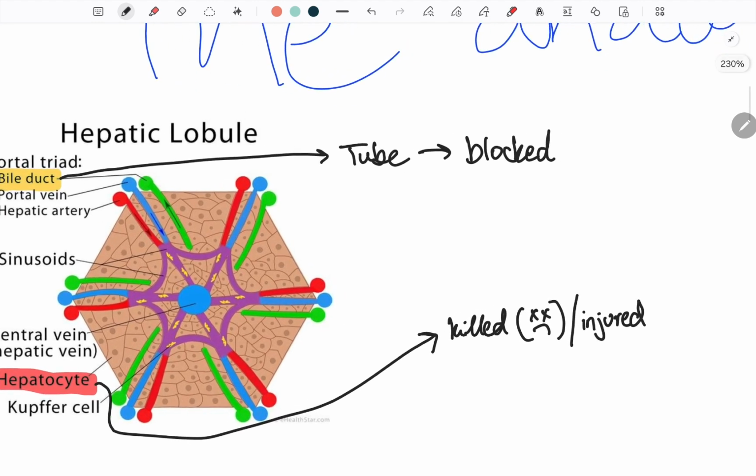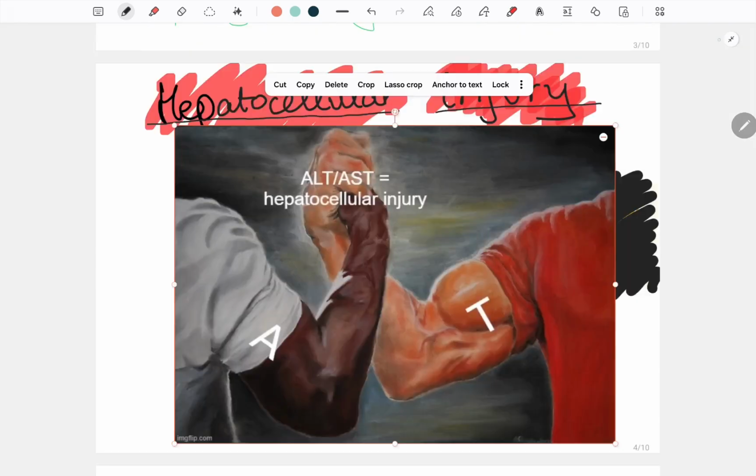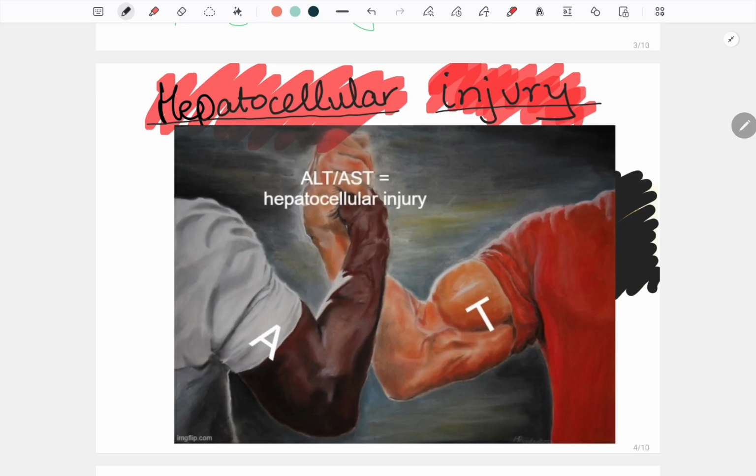And we're going to look at how the body fires these alarms at us and how we can use LFTs to read the alarms. The first thing I want us to remember is, how can we tell which enzymes are going to show us hepatocellular injury? Unfortunately, there's no way to really make sense of it unless you go very deep into the physiology.